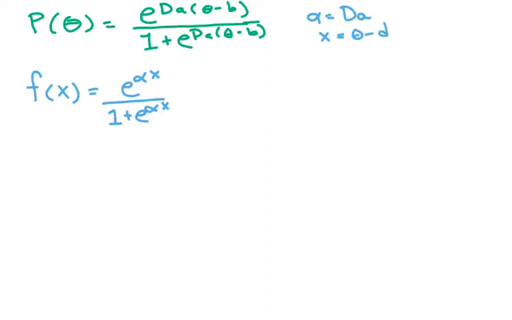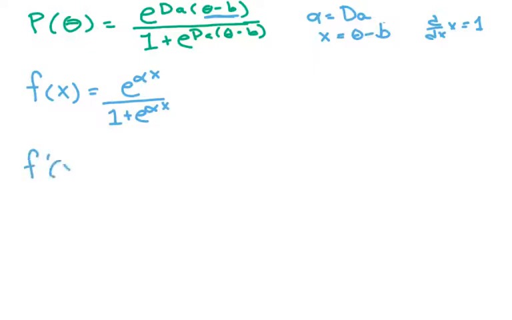I wrote d, didn't I? This works because when we take the derivative, we do have to consider the chain rule, but the derivative of this inside function is just 1. In other words, the derivative of x is 1. So we can do this, and it helps us look at the derivative.